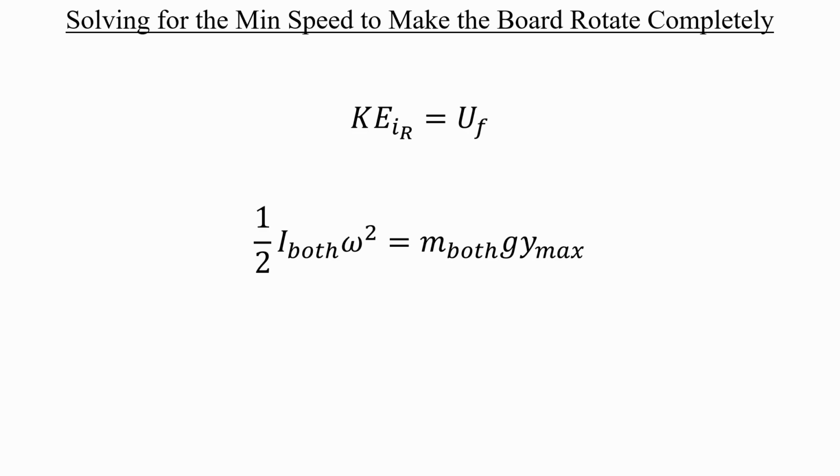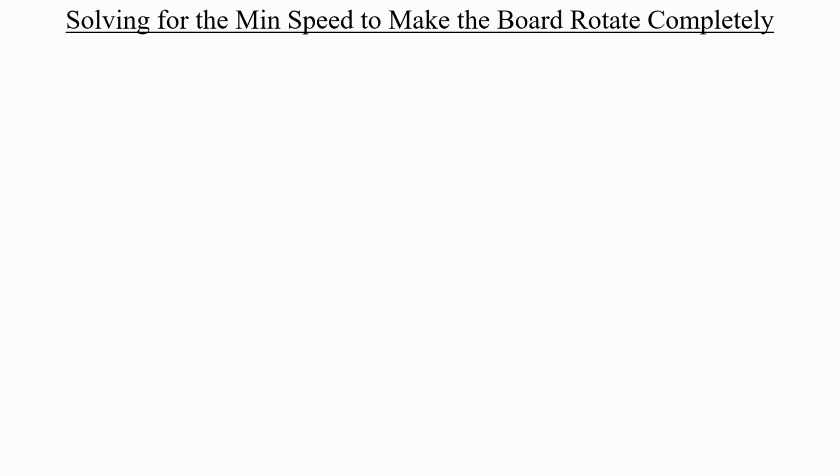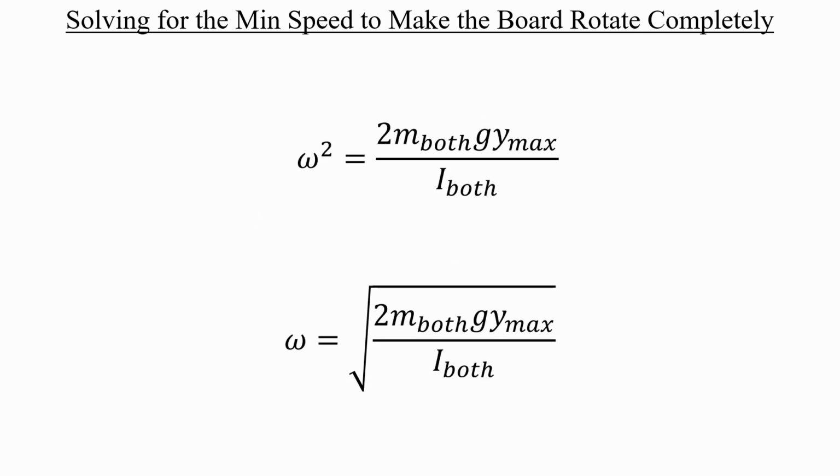Instead of solving for the maximum y value, which we know already, we want to isolate omega on the left-hand side. Let's start that process by dividing both sides by the moment of inertia sum, and multiply both sides by 2. If we take the square root, we get omega, just like we wanted.